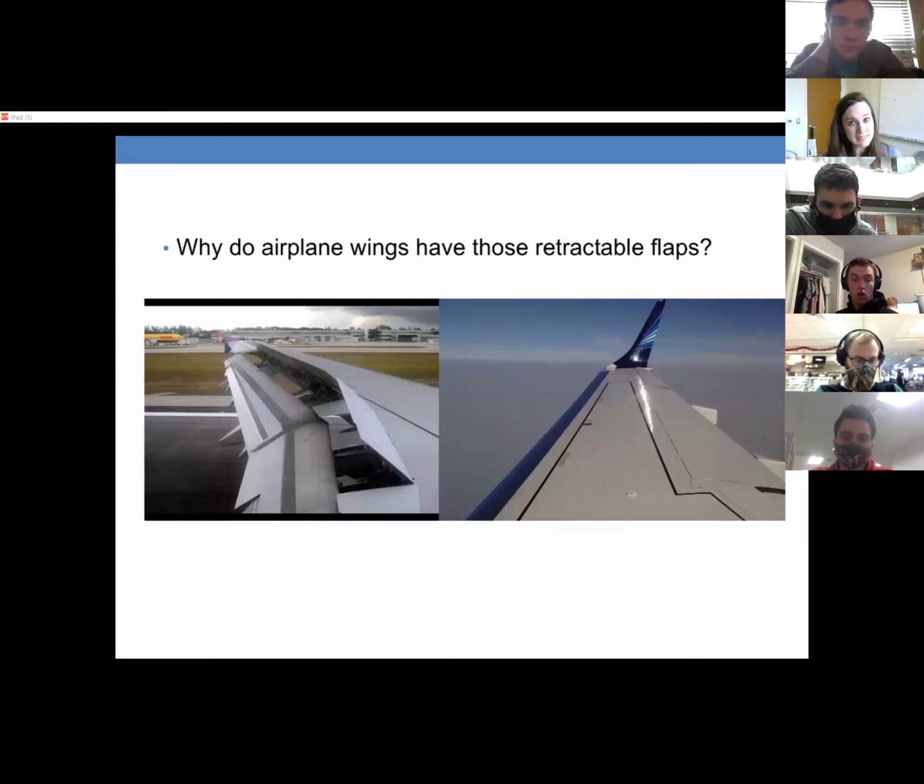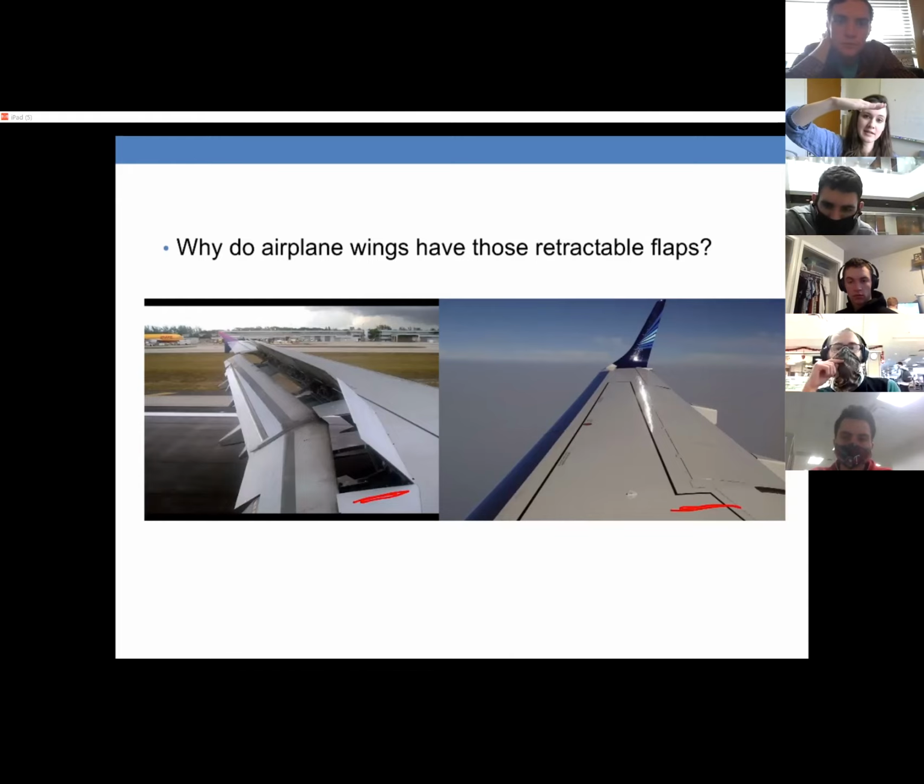Okay, so why do airplane wings have retractable flaps? If you've had a seat near the wing in an airplane and you look out, you should see that these little flaps are up during takeoff and then they flatten out. Why do they have those? To decrease the drag and increase lift. But the reason they're retractable is that during takeoff, the airplane and the wing are at a different angle than when you're in the sky.